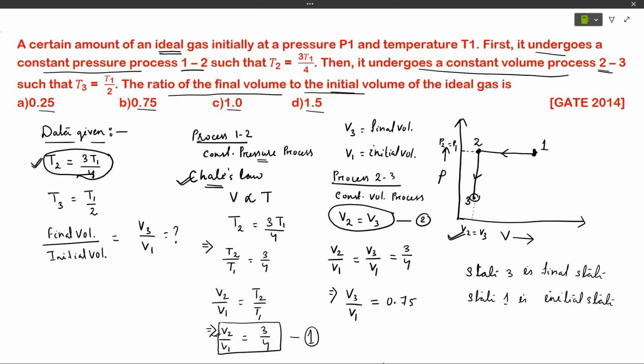So this is the final answer for the given question. So here we can say that option B is the right answer for the given question. Thanks for watching. See you in the next video.